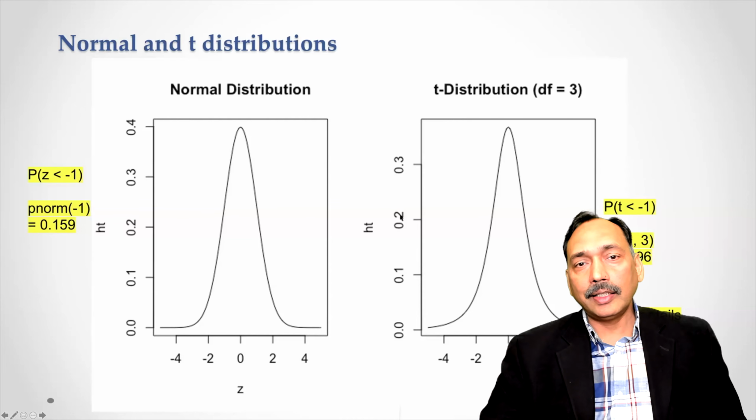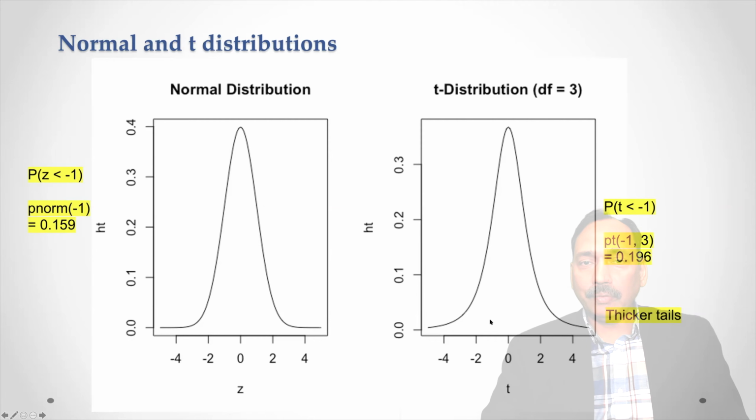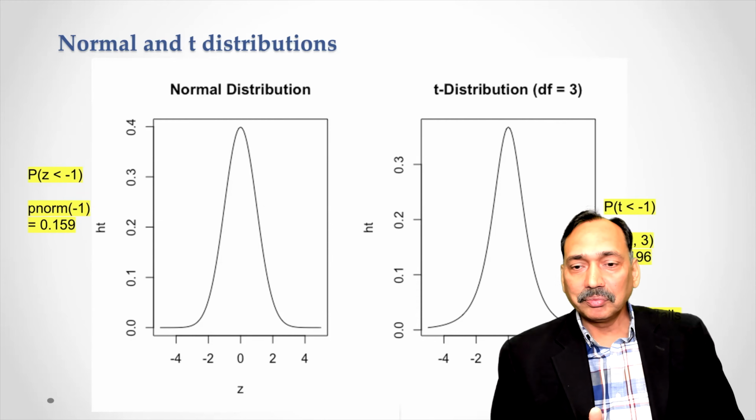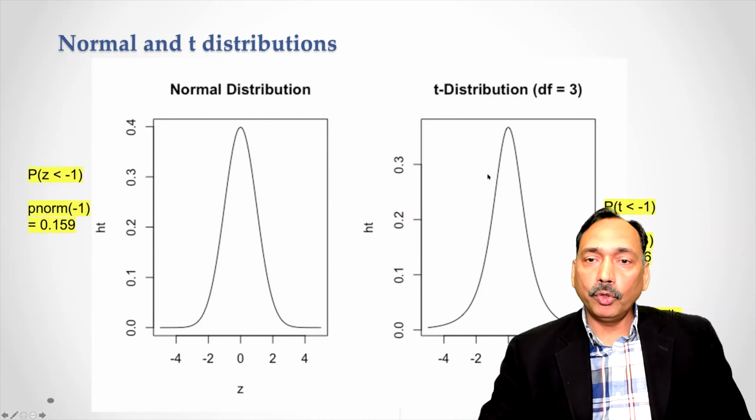In fact, these two distributions are similar. The only major difference is in the tails. For the t-distribution, tails are thicker. But both distributions are symmetric about the mean, and the shape looks more or less similar.